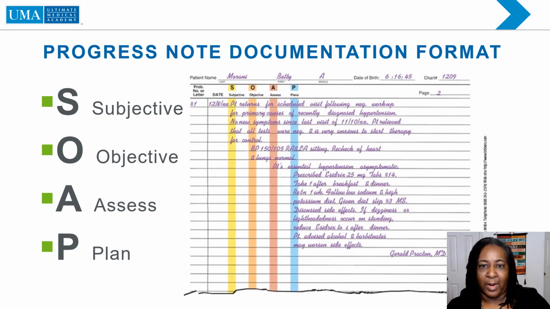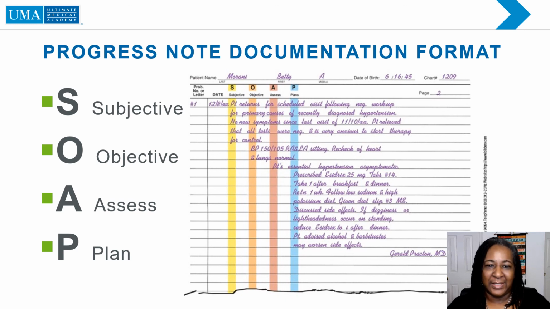Then you see where the observation is made, because you see what the patient's blood pressure is, and it uses some abbreviations. So it would be right arm and left arm, and it's sitting.